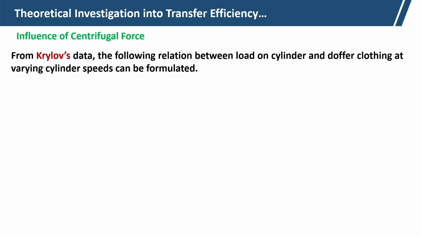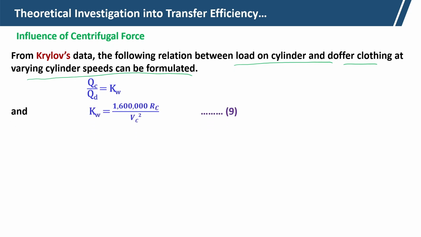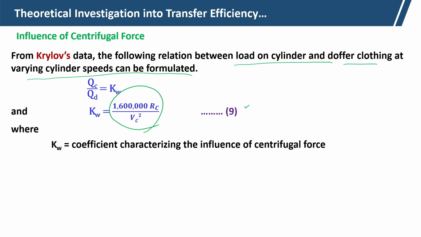Pilow's actual data shows the following relationship between the load on cylinder and doffer clothing, with varying cylinder speed. So, Kw is Qc by Qd, and Kw is given by that relationship from the data. This is the relationship where Rc is the radius of the cylinder and Vc is the linear velocity.